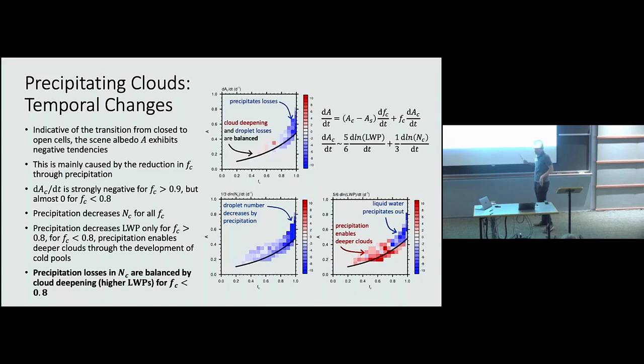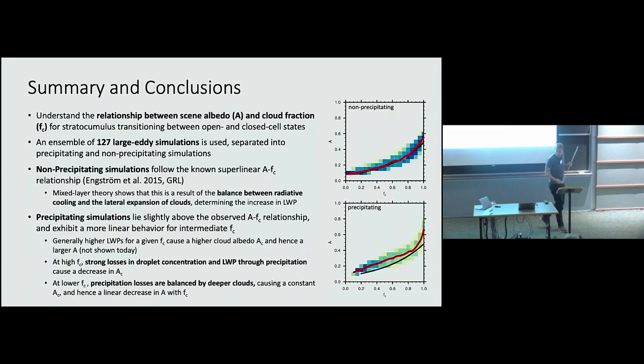It's summarized here. With this, I would like to conclude my talk. We tried to understand the relationship between scene albedo and cloud fraction for stratocumulus transitioning between open and closed cell states and vice versa. For this, we used an ensemble of 127 large eddy simulations, separated into precipitating and non-precipitating simulations.